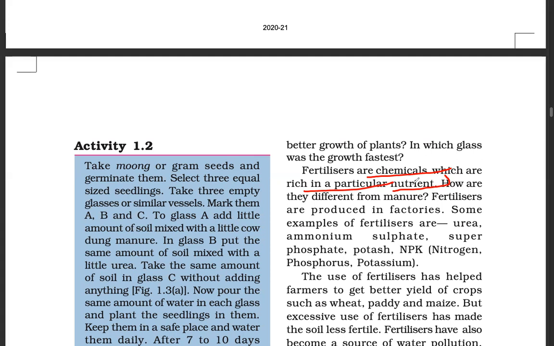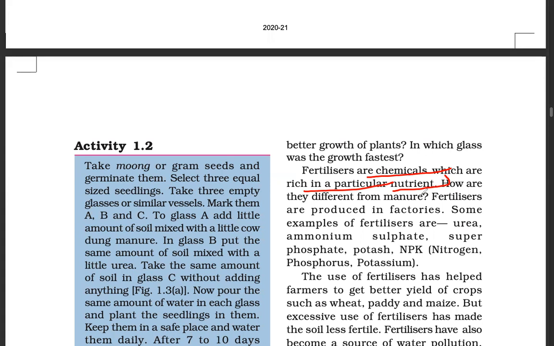Like if the fertilizer is urea, it will give urea only, nothing else. Ammonium sulfate, ammonium sulfate only. Superphosphate, superphosphate only. And potash, only potash. And NPK, I know it is a mixture of nitrogen, phosphorus, and potassium, but it is specific to these three, right?